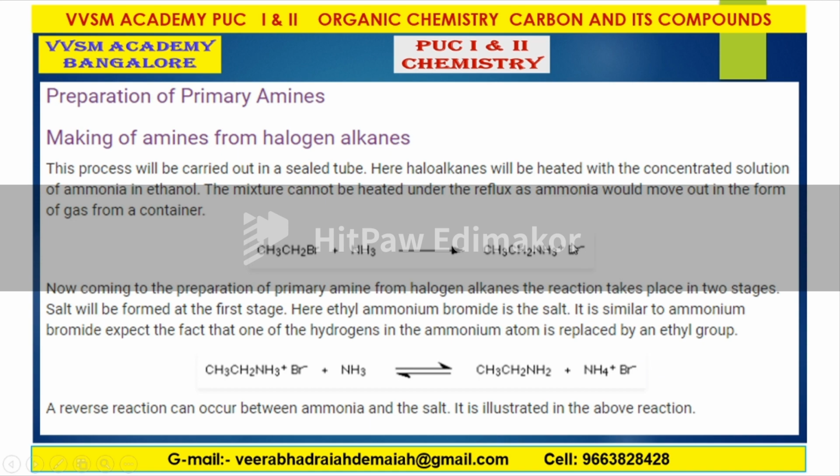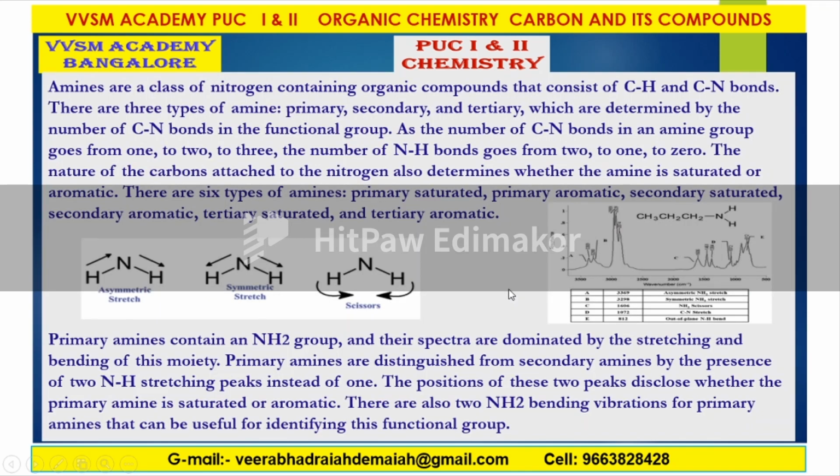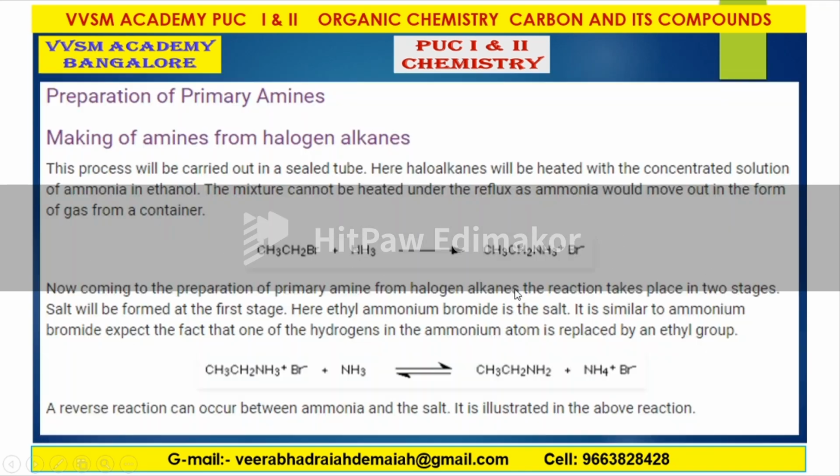In the net reaction, the ethylammonium bromide cancels out, and if you add up the two molecules of ethyl bromide reactions, you get ethylamine and ammonium bromide. A reverse reaction can occur between ammonia and the salt, as illustrated in the above reaction. It is a reversible reaction.